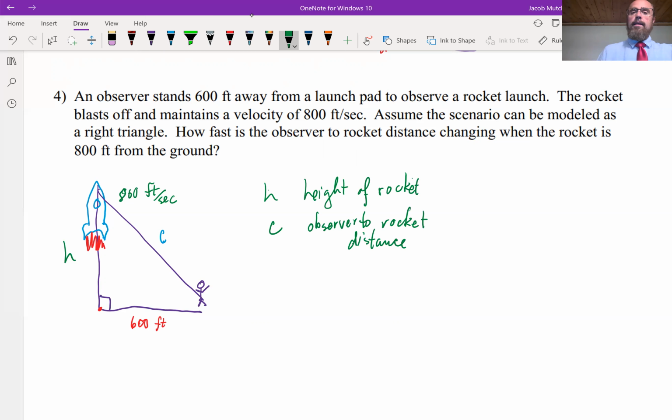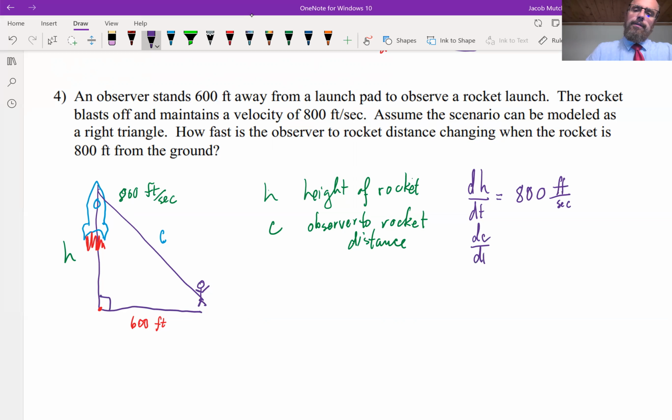So as I think then about my rates that are involved in the situation, I definitely have a dH/dt, so the change of the rocket as time passes, and that I know, that's the velocity of the rocket. That's 800 feet per second. And what I'm looking for is dC/dt.